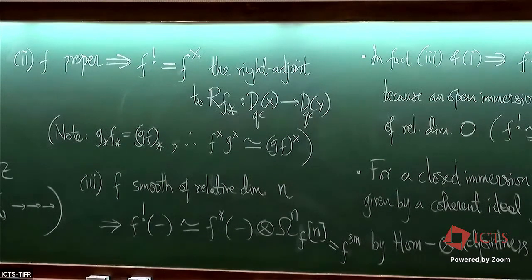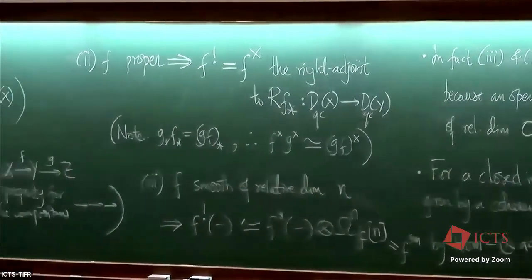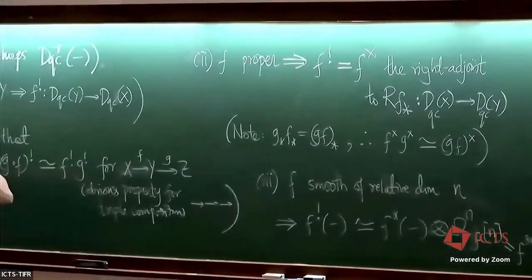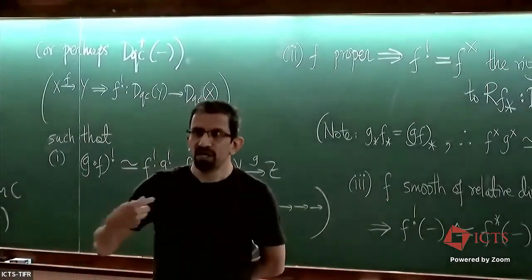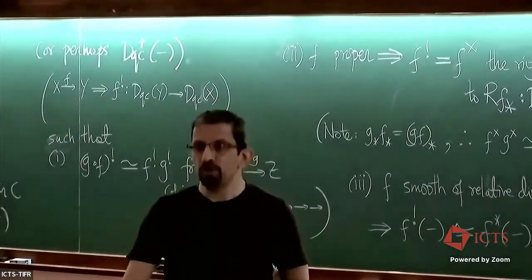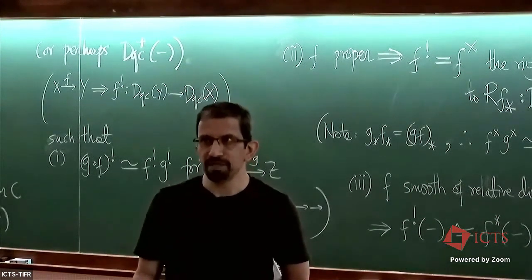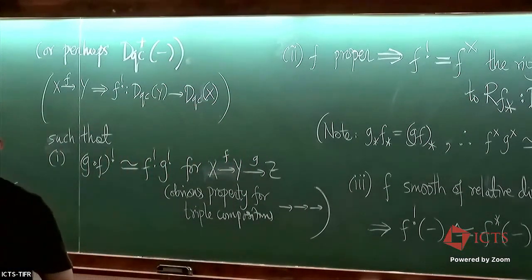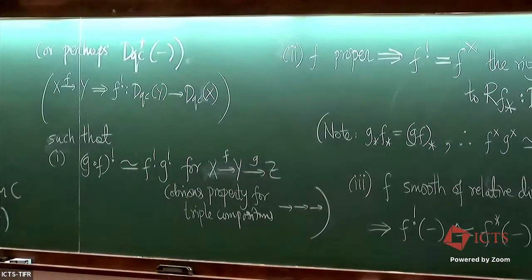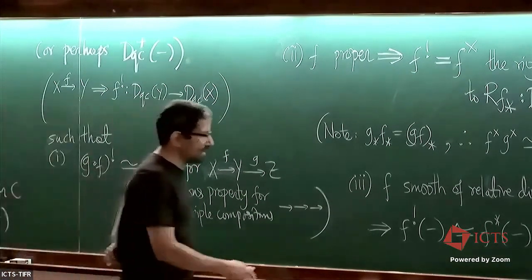As I said, the right adjoint is not well behaved under localization. For open immersion, the right adjoint gives you something else. Therefore, if you compute the right adjoint and restrict to an open set, you will not get something nicer, so it's not that interesting. For example, if you take a smooth projective variety, the right adjoint has to look like this.